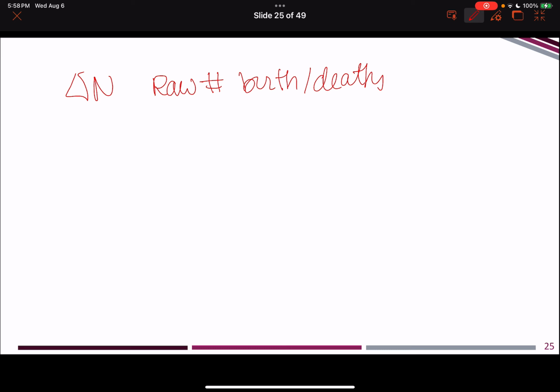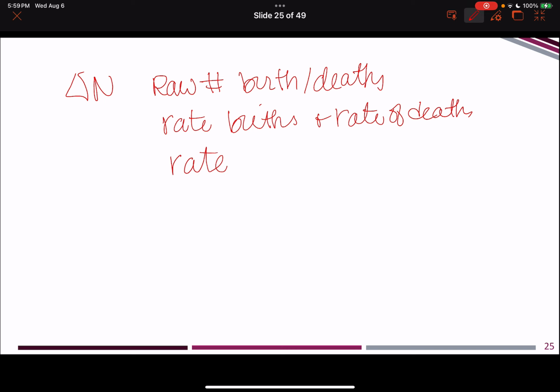We can base our population size on the rate of births and the rate of deaths. Or we can shorten that and base it just on the rate, which is derived from those births and deaths.